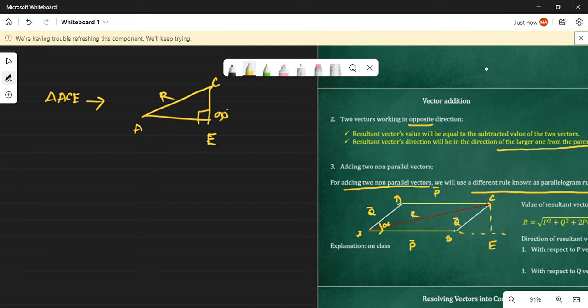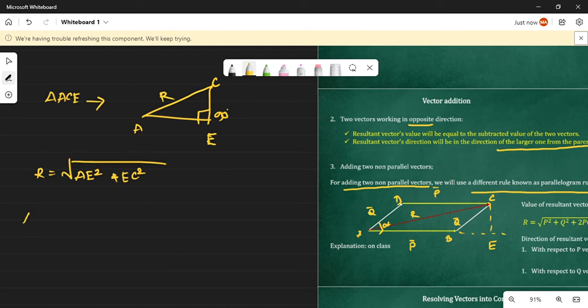So R can be written from Pythagoras' rule as AE squared plus EC squared. Now we don't know the values of AE and EC.